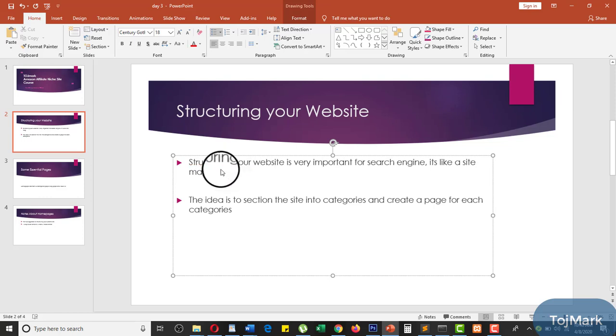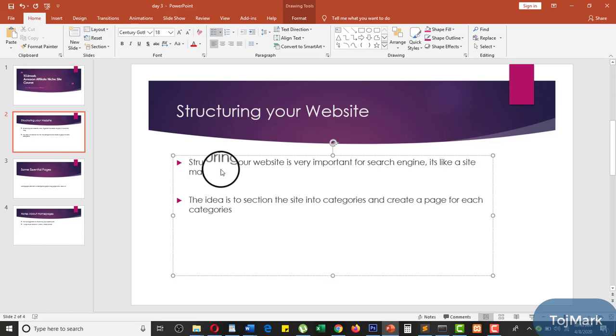Structuring your website is very important for search engines. It's like a sitemap. You know, it is the way that you structure your website that will help the Google bot to recognize what your website is all about. You can't just be writing relevant niche keywords or products and publishing them on your website.